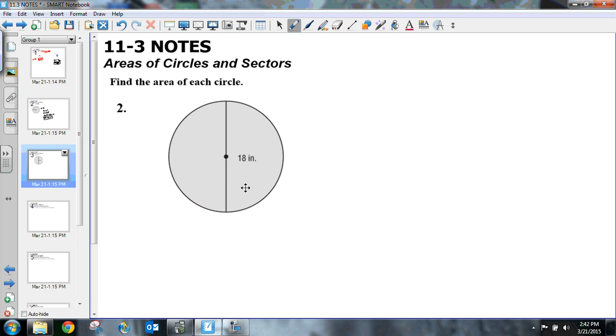Now, this next one, they give me the diameter. So my diameter is equal to 18 inches. So then my radius would be what? My radius is going to be 9 inches. It's half of my diameter. So if I wanted to find the area of this, I would take pi times my radius squared. So area is equal to pi times the quantity 9 squared. 9 is my radius, and 9 squared is 81.